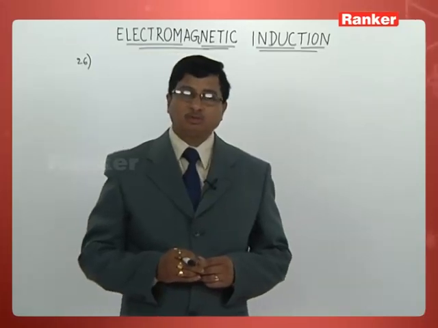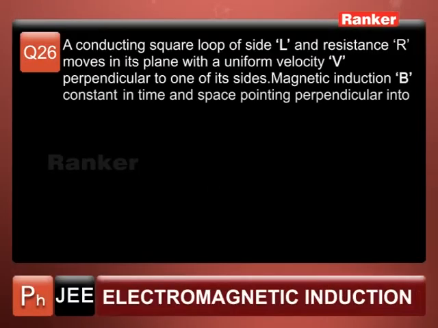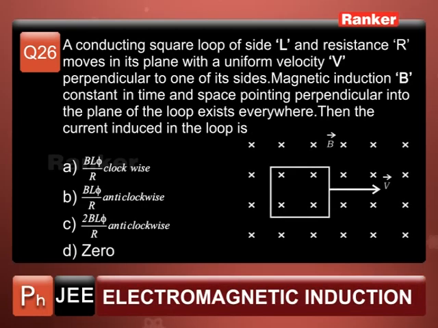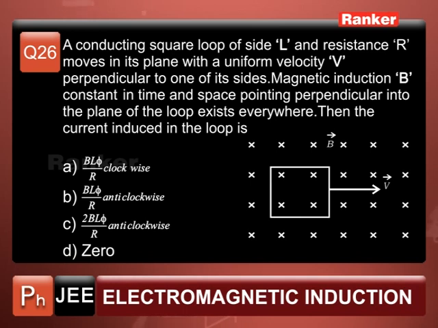Let us switch over to the next problem, that is 26. A conducting square loop of side L and resistance capital R moves in its plane with a uniform velocity v perpendicular to one of its sides. Magnetic induction B constant in time and space.